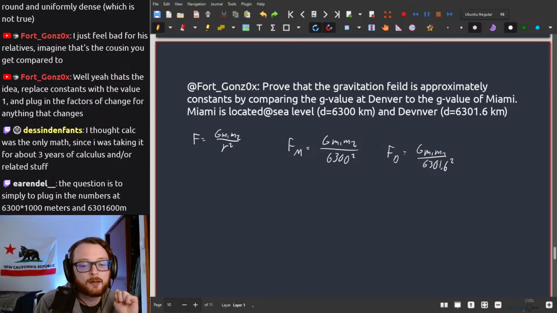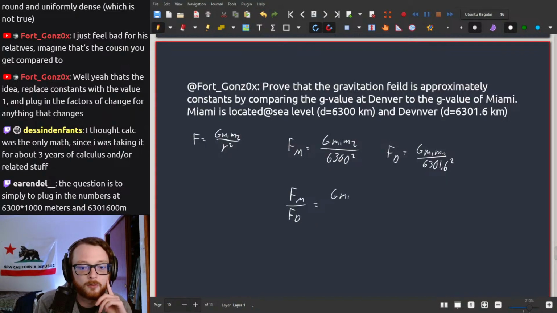Another thing that doesn't matter is what I'm going to do next: I'm going to take F sub M and divide it by F sub D. You could do the other direction too, F sub D over F sub M, and it's basically the same argument. It'll be more clear why at the end here.